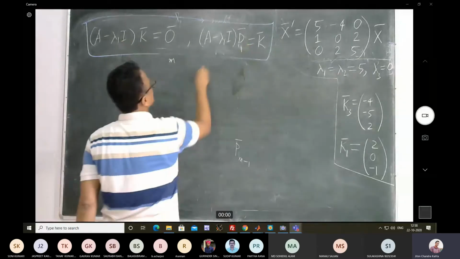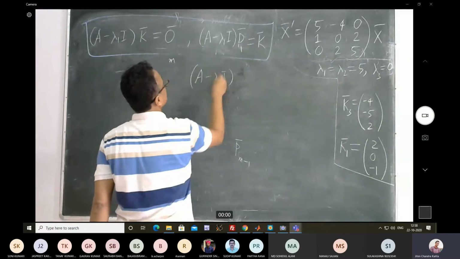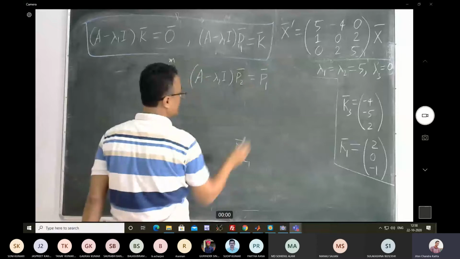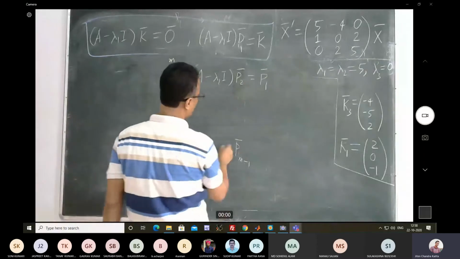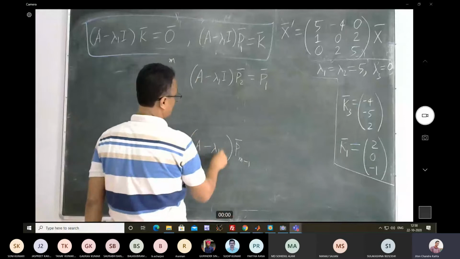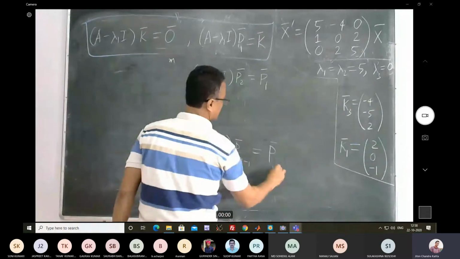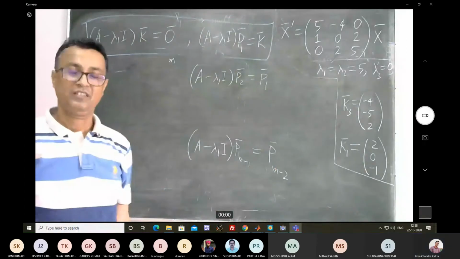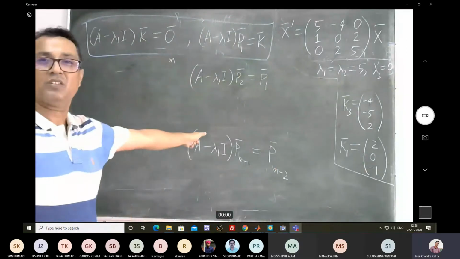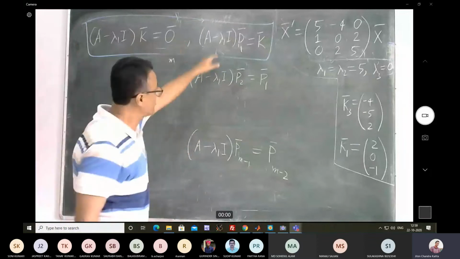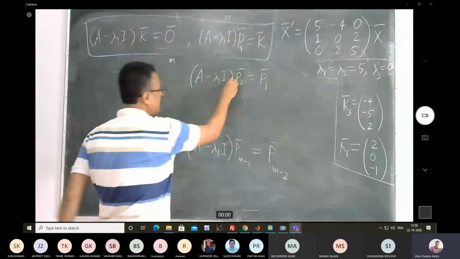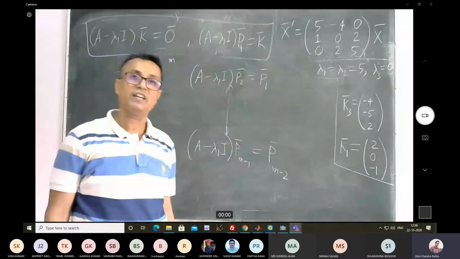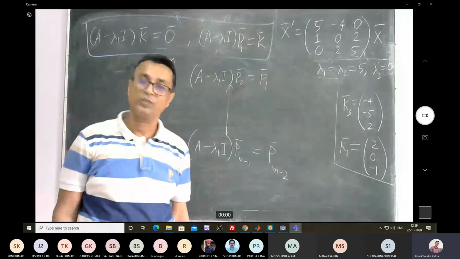In your next step you are going to get P2 equal to this P1. So eventually you are going to get something like this. Is it okay with everybody? Right? So this is definitely possible, and that is going to give you a way of finding the remaining solutions or remaining eigenvectors. Okay, fine.